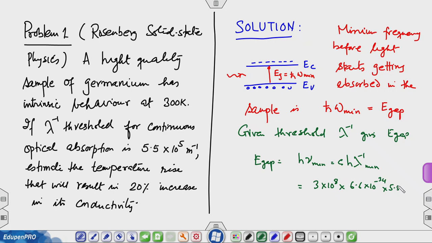Lambda inverse is 5.5 times 10 raised to 5, and this comes out to be 1.09 times 10 raised to minus 19 joules. That is the gap in this. Once you know the gap, then you can calculate the number density of conduction electrons for a given sample.